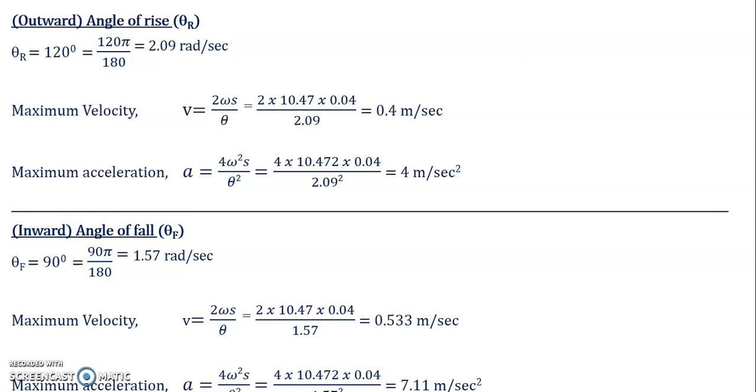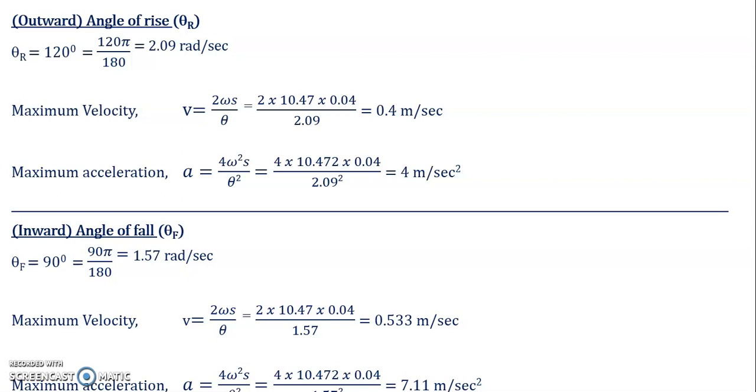Similarly, maximum acceleration is given as 4 omega square s by theta square, that is 4 into 10.47 to the power square, into 0.04 divided by 2.09 square. Okay, that is 4 meter per second square. Similarly the inward angle also.